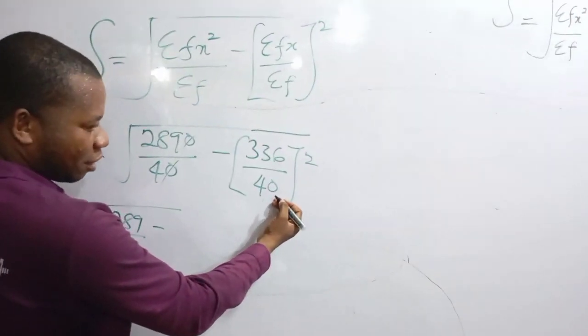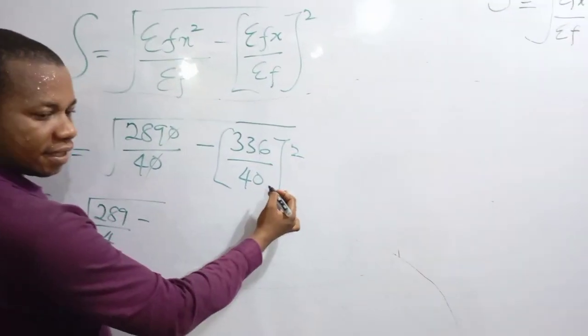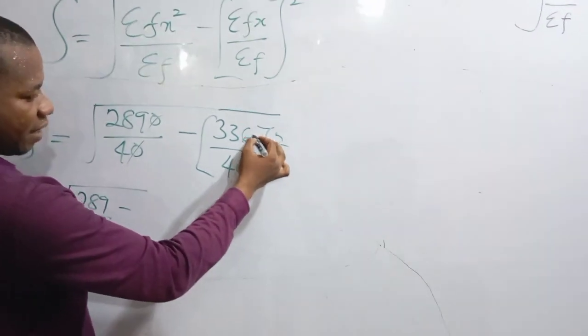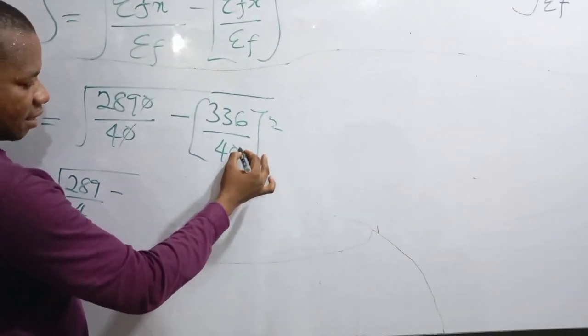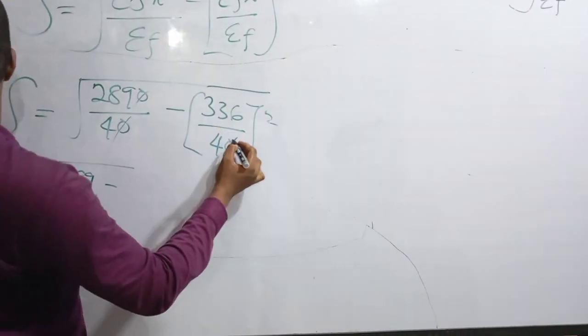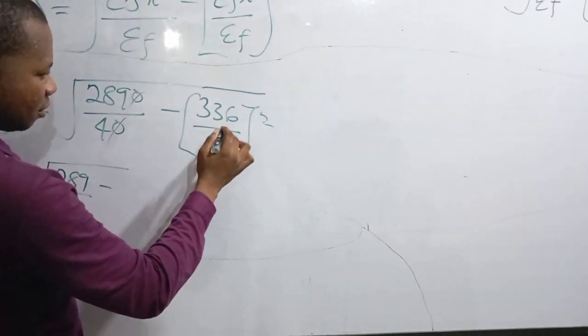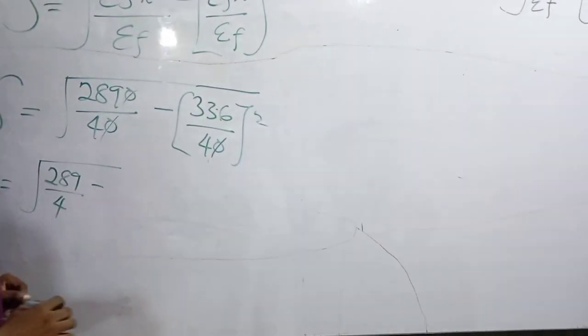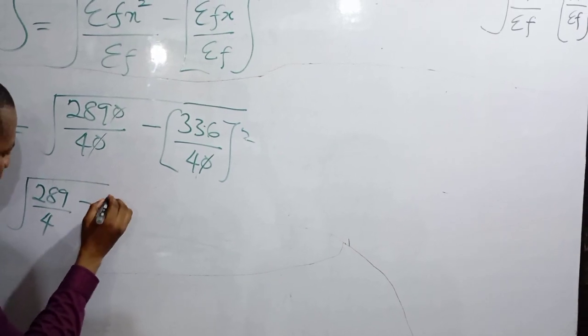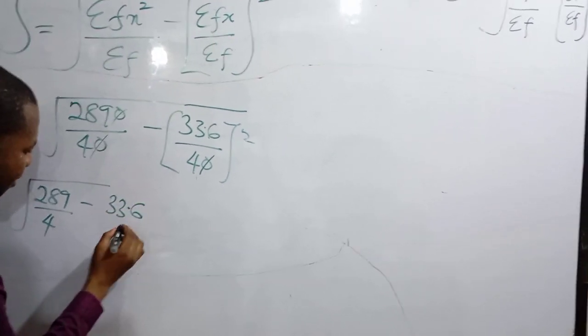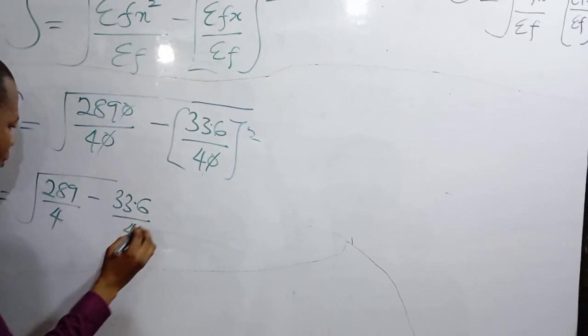I'm dividing everything here by 10, so 10 will cancel out this 0. Then 10 gives me 33.6 here, meaning that I'm gonna have 33.6 all divided by 4.